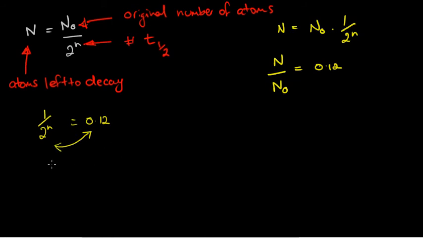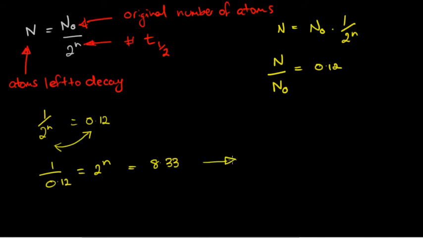1 on 0.12 is equal to 2 to the power of n, and 1 over 0.12 is equal to 8.33. I've already done this calculation. So 2 to the power of n is equal to 8.33.